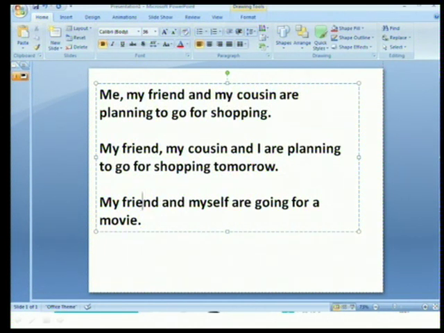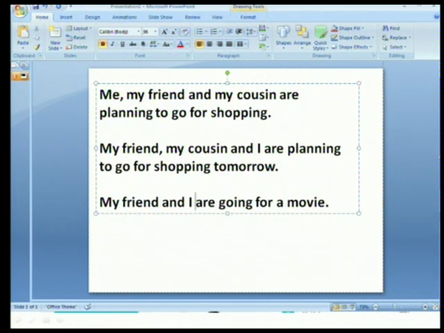Now, why is this incorrect? If I remove this, myself are going for a movie, do you say myself going for a movie? No, you say I am going for a movie. Hence, I is the correct form. My friend and I are going for a movie.